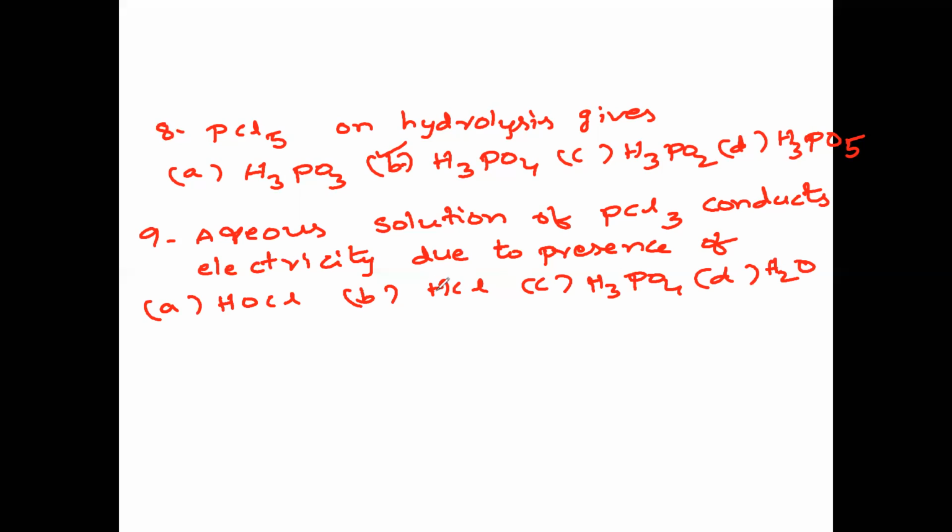So the answer is due to the presence of HCl only, because when you take PCl3 and water, it forms HCl gas. So due to the presence of HCl only, it conducts electricity. Next question.